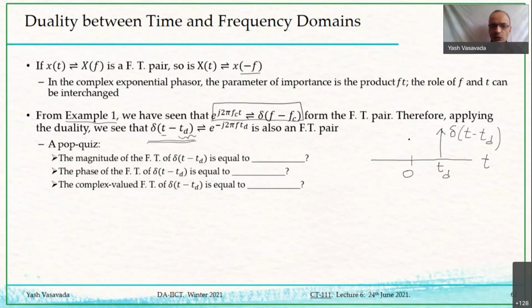Basically, it is the original impulse after I delay it by t d seconds. And by the duality property, if I take the Fourier transform of it, I get e to the power minus j 2 pi. Remember, frequency I have to make it time and time to be frequency, and so I get this equality.